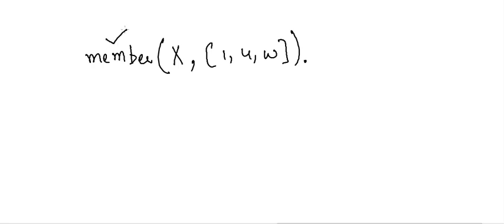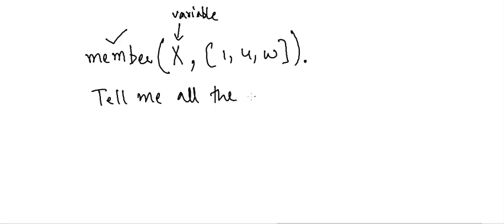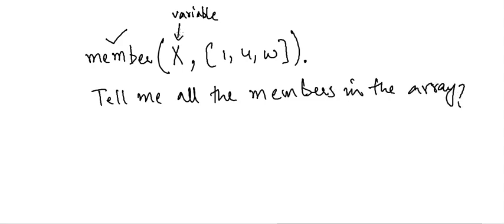In this case, what we are using here is an uppercase X, so this is a variable. So what we are asking Prolog is, tell me all the members in the array, because we are using a variable here.